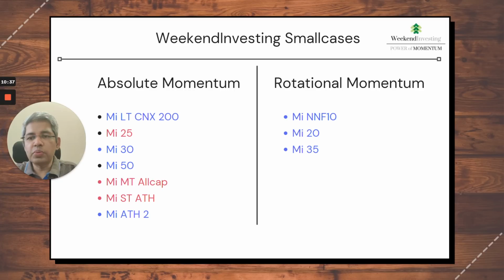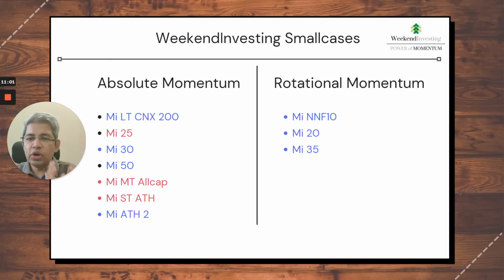MI50 is an absolute momentum strategy, looks at small caps and mid caps, very well diversified over 50 stocks. MIMT all cap covers all companies listed on NSE above 1000 crores, again an absolute momentum strategy. This will also get closed for new subscriptions soon.